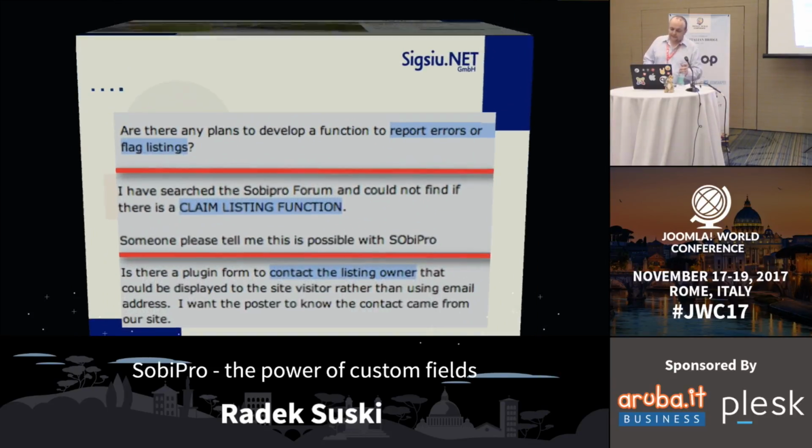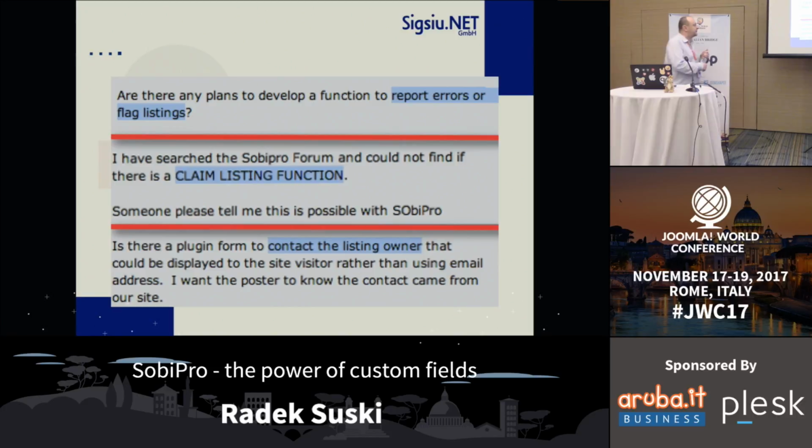For SobiTo, we had three different applications. One which would allow you to report an entry to the administrator. The other one would allow you to claim a listing by an owner who isn't officially the owner in your directory. And the other one was the contact the listing owner application.